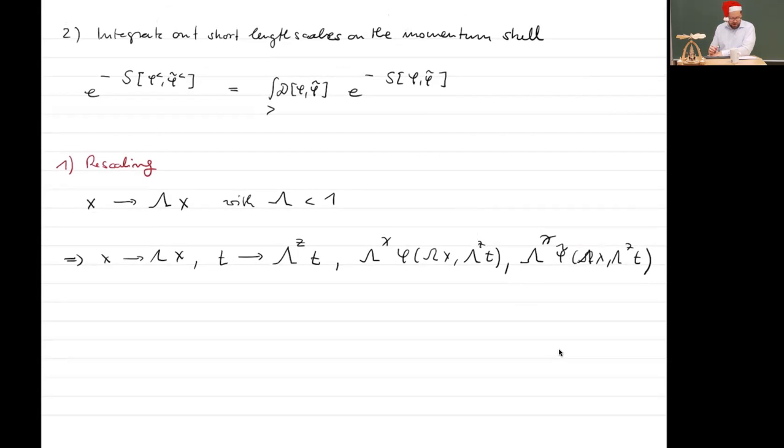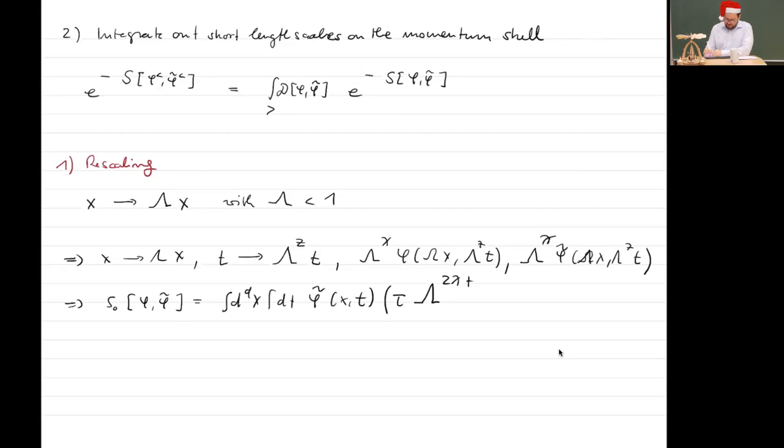Okay, so now we just plug this into the action. With this, we get S naught, phi tilde. Then we have these integrals here, dx, dt, phi tilde of x t. And then comes this part, now tau times lambda to the 2 chi plus d.